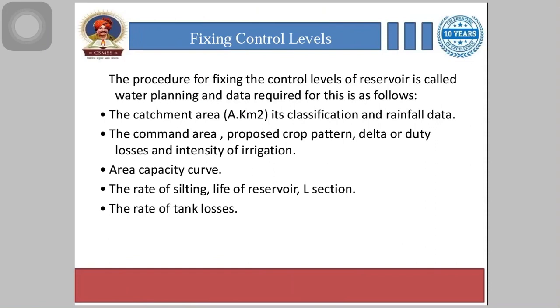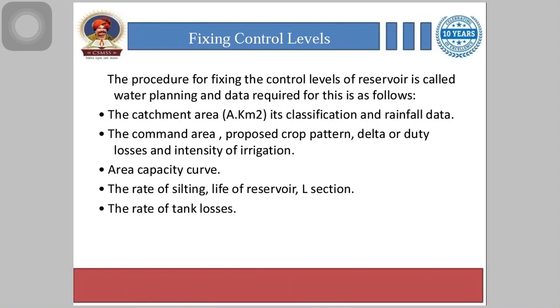Next we need the command area, the proposed crop pattern, delta or duty, losses such as infiltration losses and other losses, and intensity of irrigation. All these things are needed.